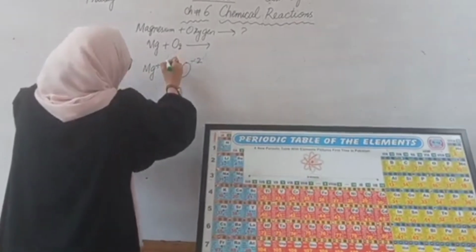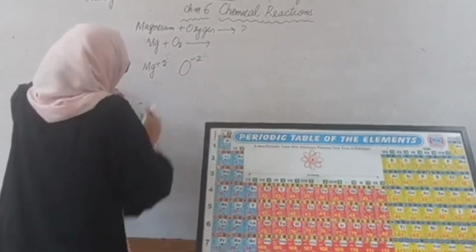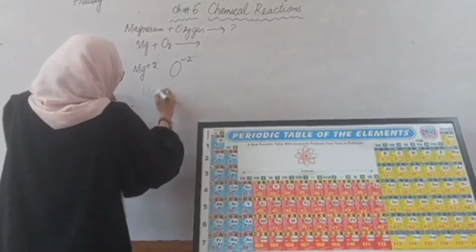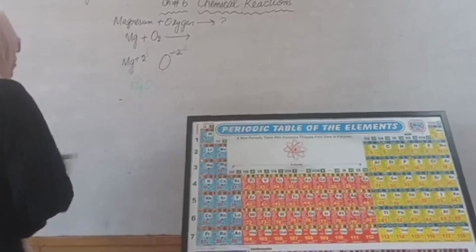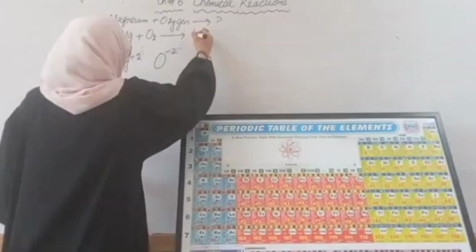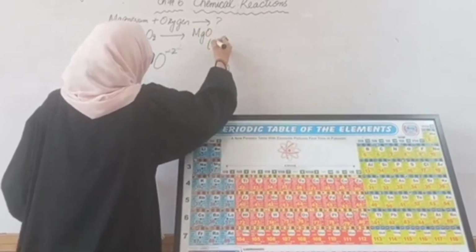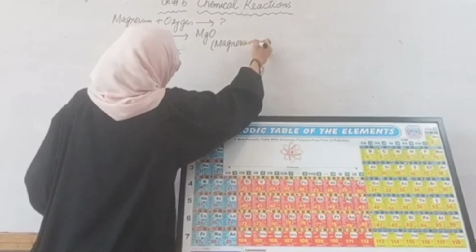And we know that 1 is not written in the formula. So we have obtained MgO. It is also called magnesium oxide.